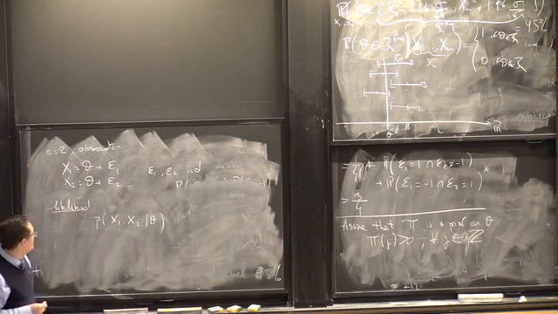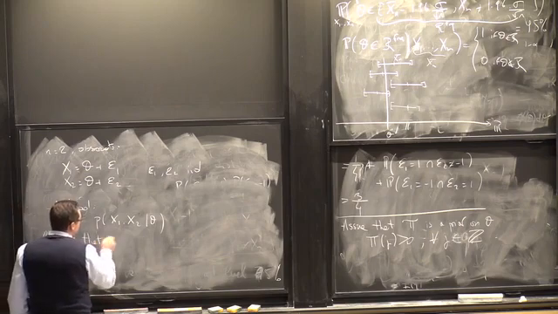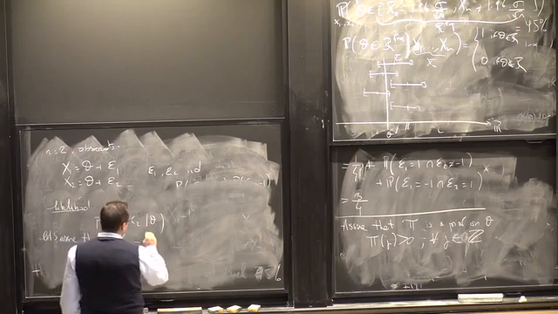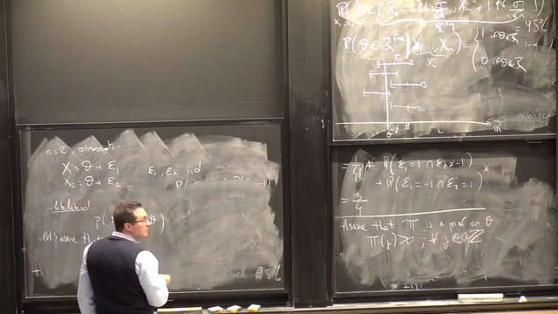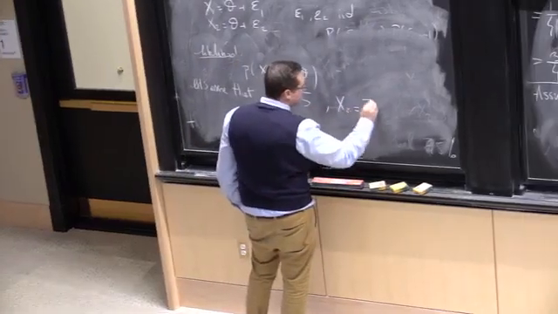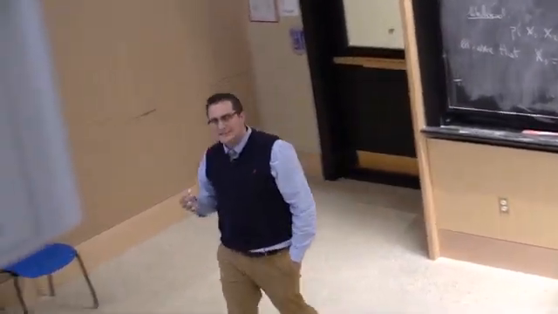And now, just to make things a little simpler, let us assume that x1 is equal to, I don't know, 5, and x2 is equal to 7, OK?